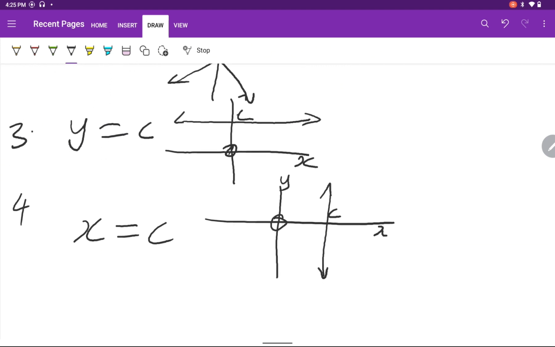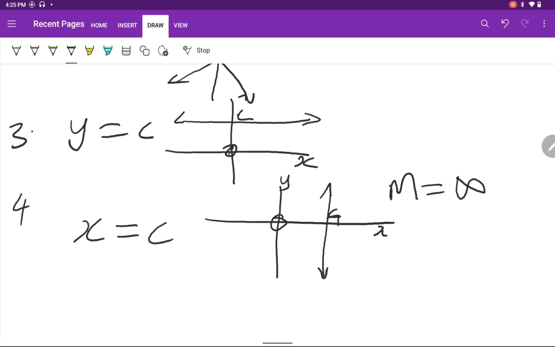But if it's x equals to c, it will be perpendicular to the x-axis, parallel to the y-axis. So in other words, in this case, the gradient is undefined. So these are our 4 forms, or actually 1 form, and then all these situations regarding these forms.